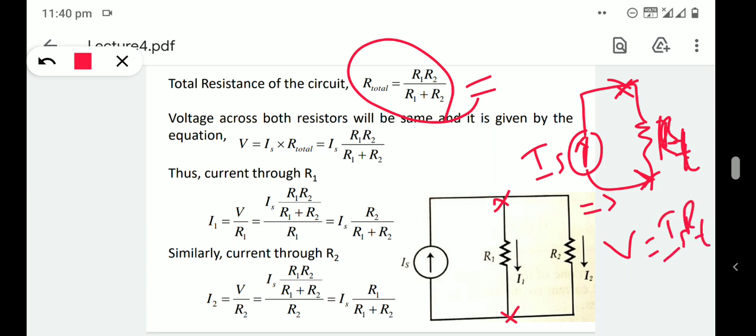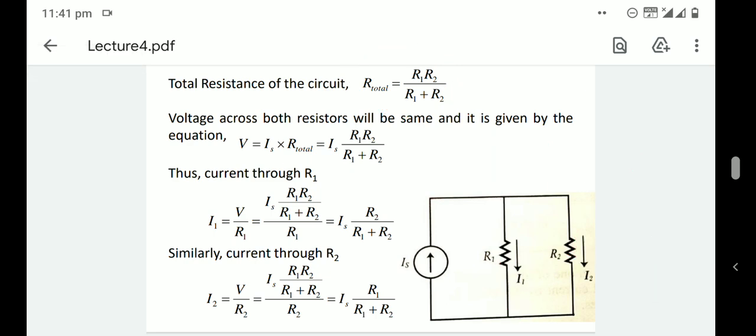That means the voltage across this point. Then to find I1 we divide that voltage by R1, and to find I2 we divide that voltage by R2. So this is the procedure we need to follow if we are not familiar with the current division rule.